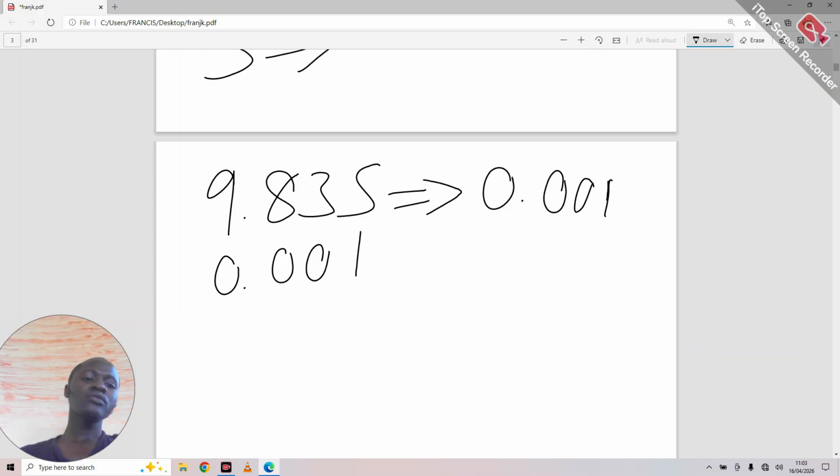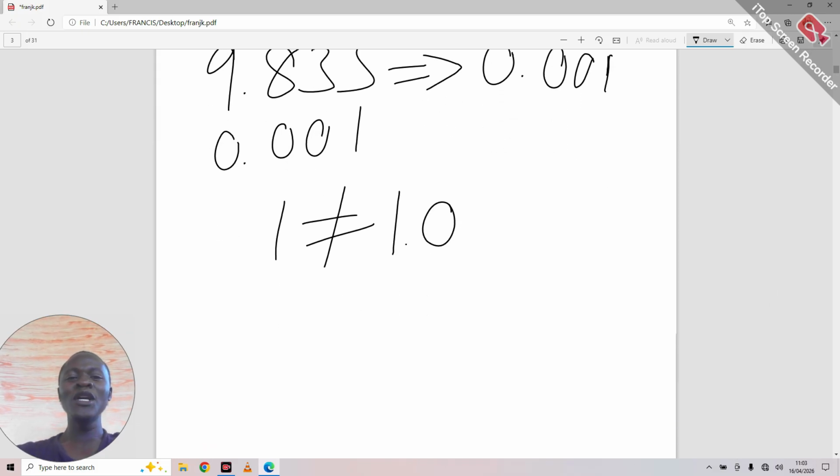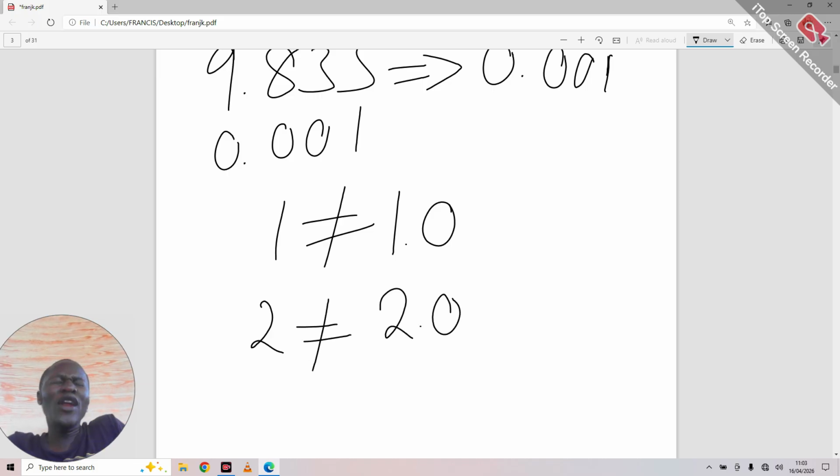So you must understand that 1 is not the same as 1.0, and 2 is not the same as 2.0. That concept is only applicable in the topic of approximation and errors. Have that in your mind.